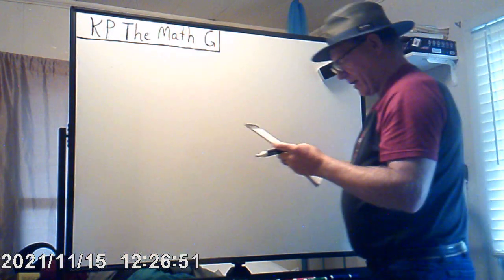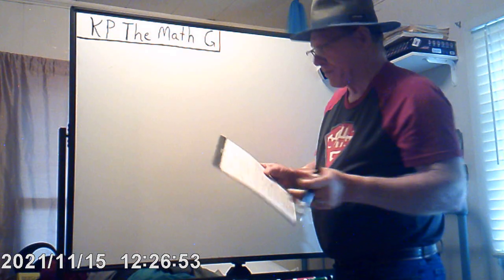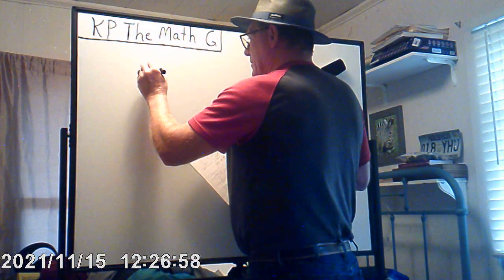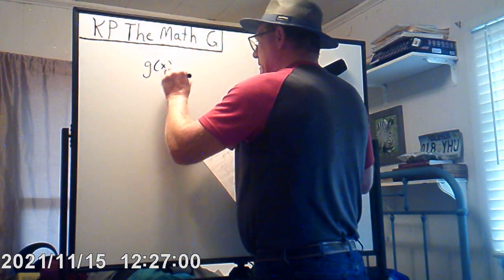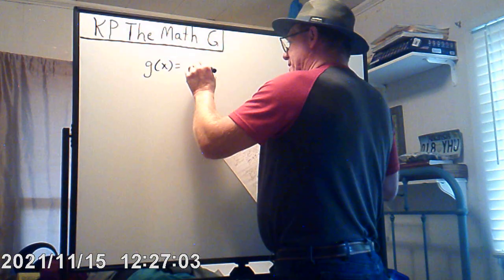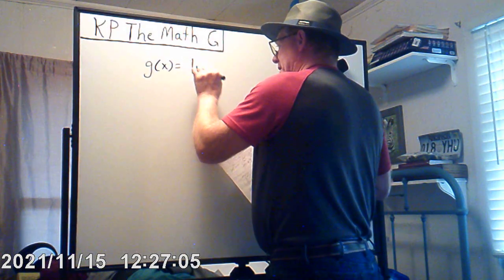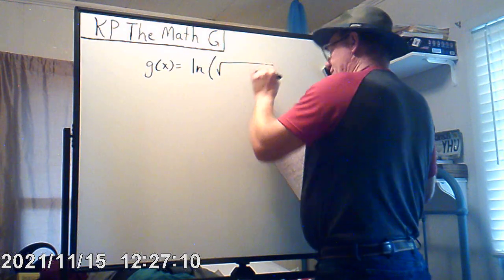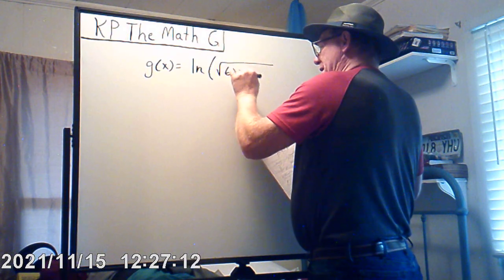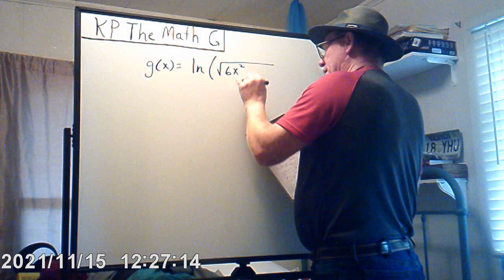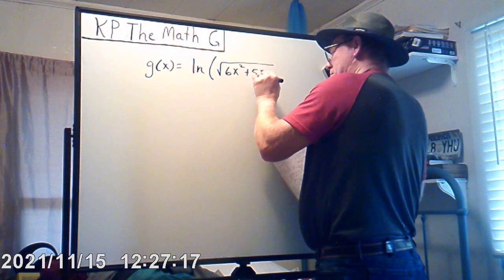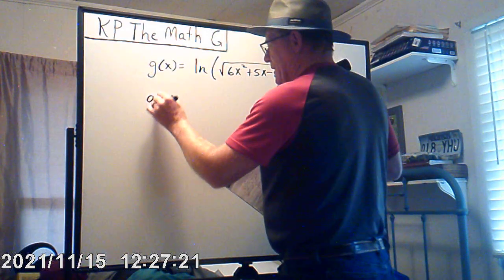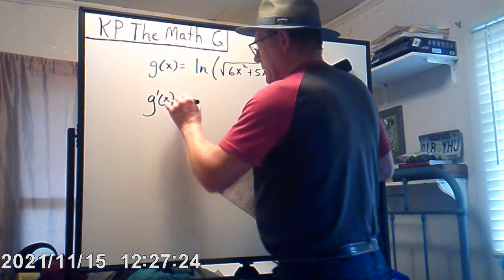Okay, I had an e on this one, but we can change it to ln on this one. Given that g at x is equal to, instead of e, I'm simply going to do ln of the square root of 6x squared plus 5x minus 1. Okay, and I want to find g prime at x.